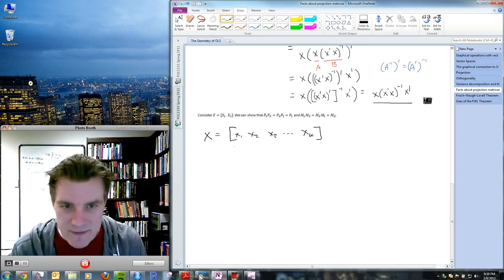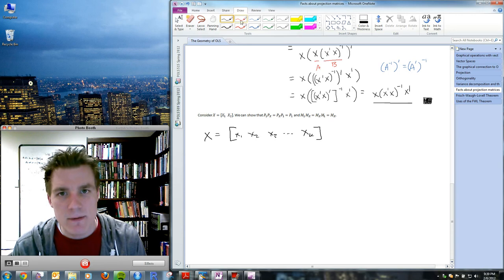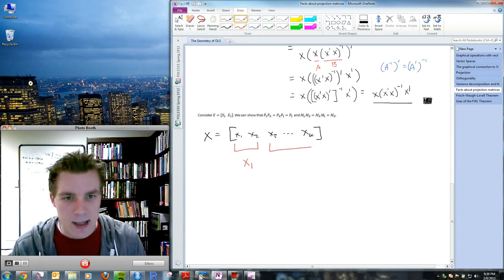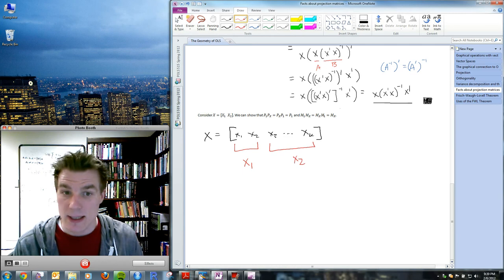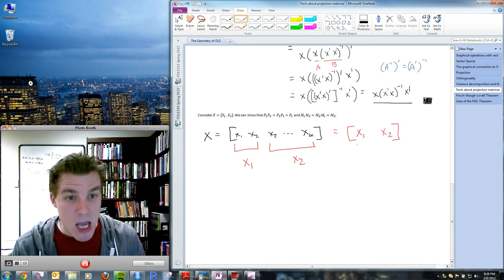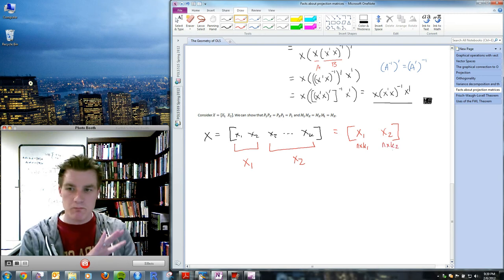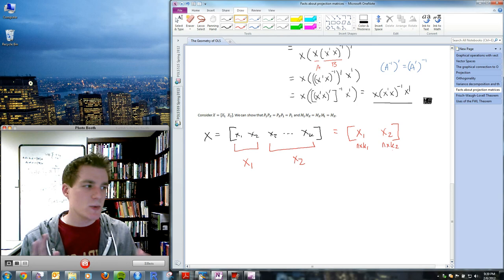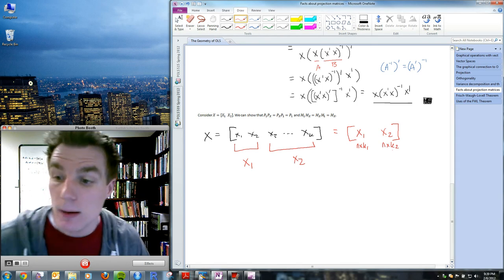What I've done is collect some of these column vectors into one matrix, call it X sub 1, and collect all the rest into another matrix, call it X sub 2. So we can write that this is like X1, X2. So this is n by k1, and this is n by k2. So I've just broken this matrix into a set of two blocks of column vectors.